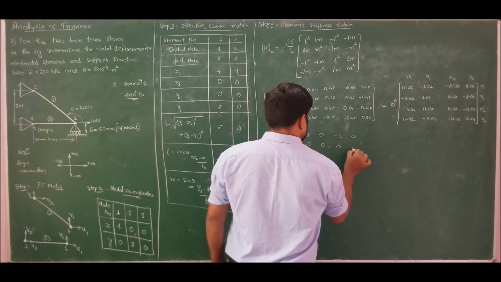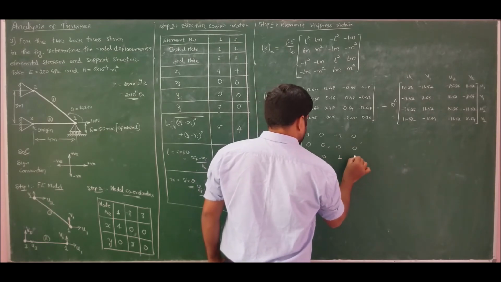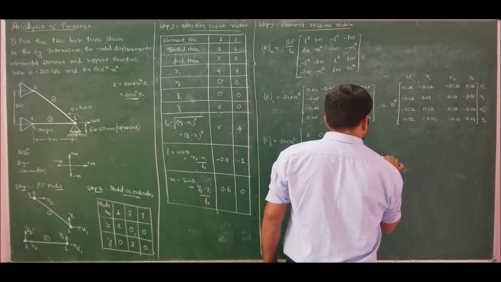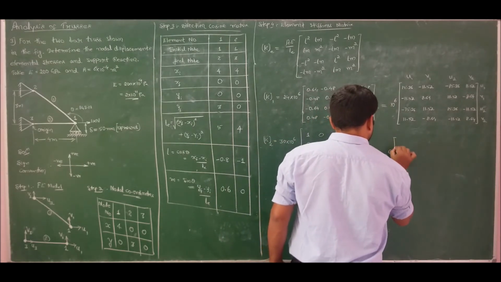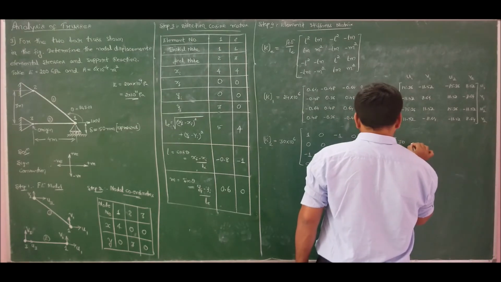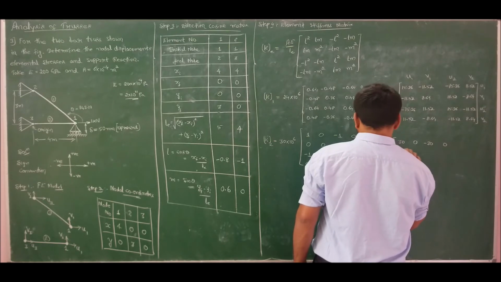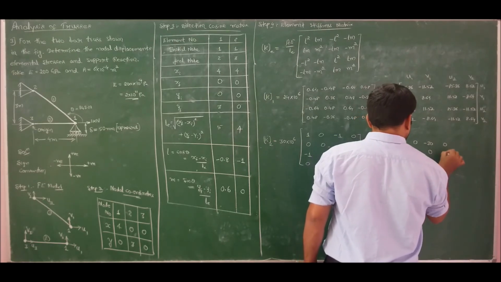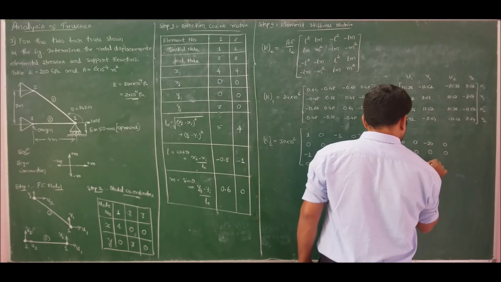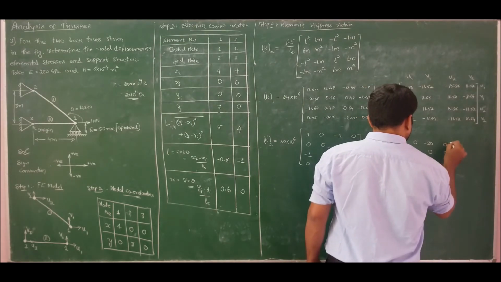So the matrix is 10 to the power of 6 times 30: 1 0 minus 1 0; 0 0 0 0; minus 1 0 1 0; 0 0 0 0.